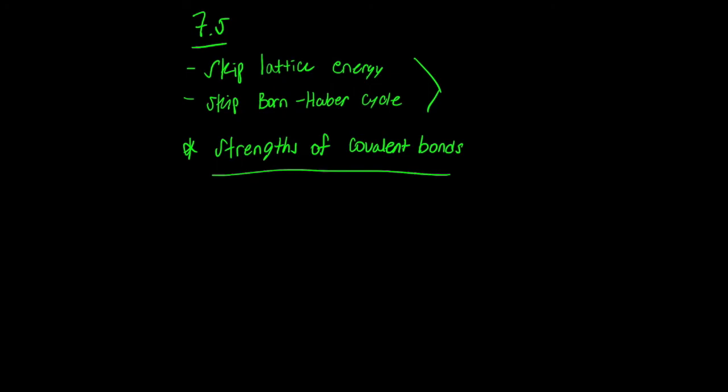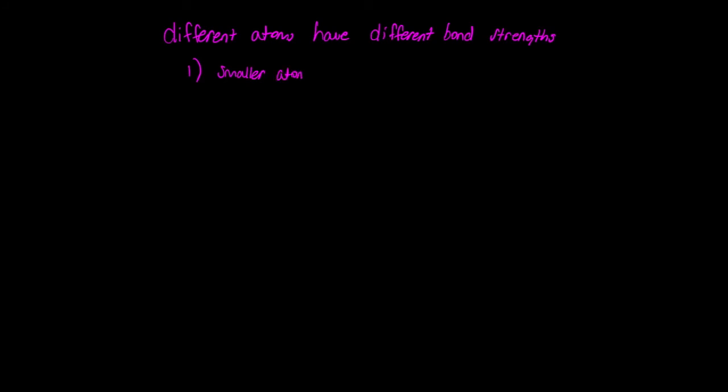So the idea here is that different atoms bond, okay? They have different bond strengths, okay? Conceptually, we should know that shorter, smaller atoms generally form stronger bonds.